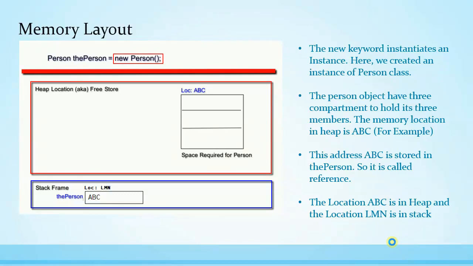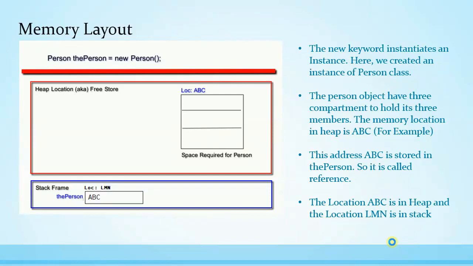new Person, that means we are allocating memory for the Person class. We know that the Person class has three data members. So in the heap, Java will allocate memory to hold those three data members. One slot is for a string, another slot is for one more string, and the third slot is for the integer.